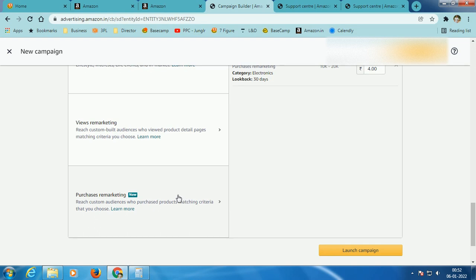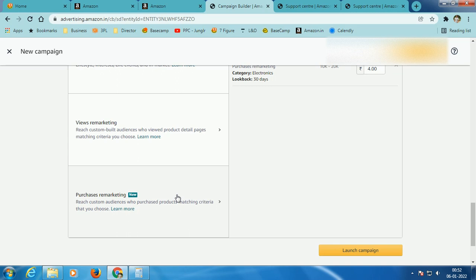This is also very simple. Amazon is once again telling you, in the last 30 days, how many customers have bought the product, or something similar, or from your competitors.